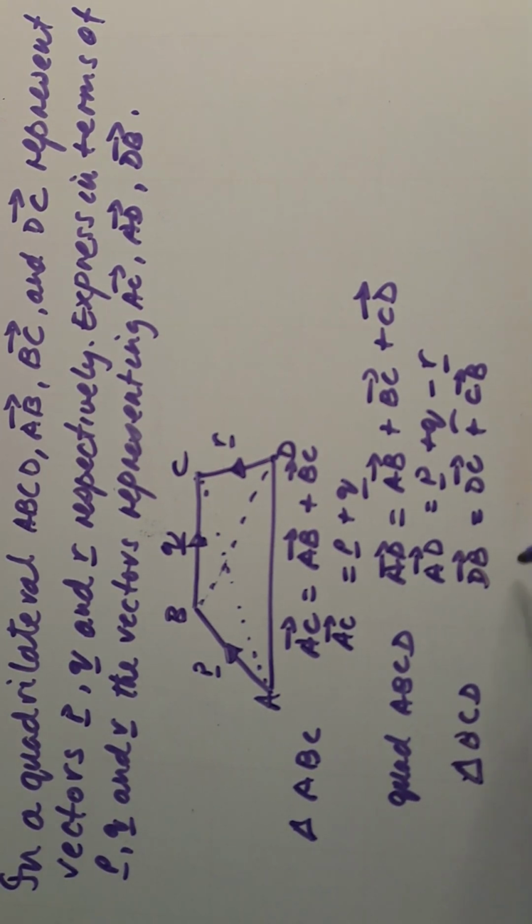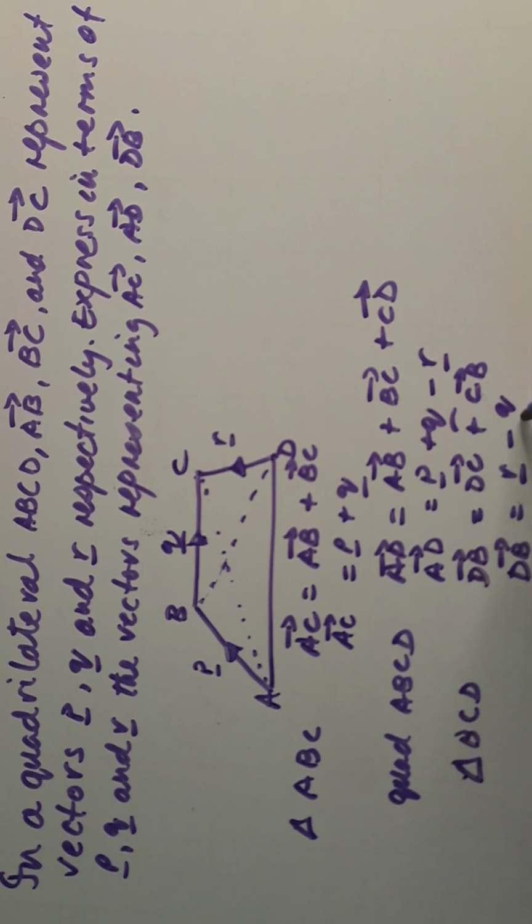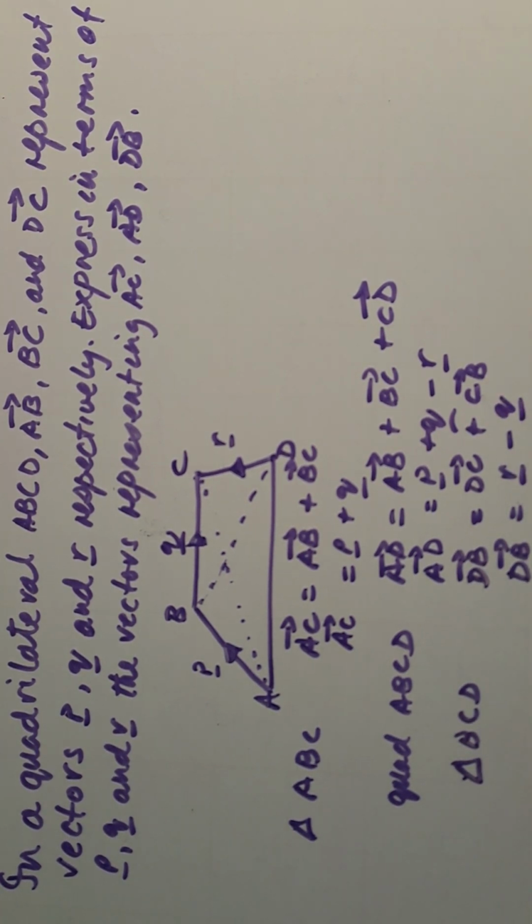And now we can write DB in terms of vectors. Now DC is R as we can see it, but CB is going in the opposite direction to the vector Q, so it's minus Q. So there you have it.